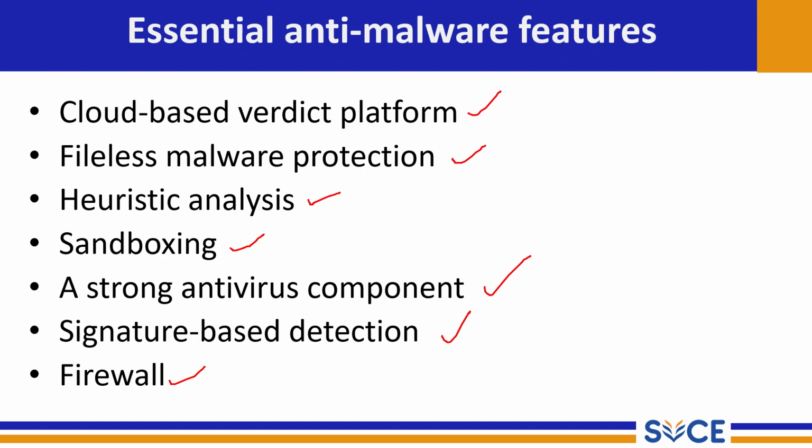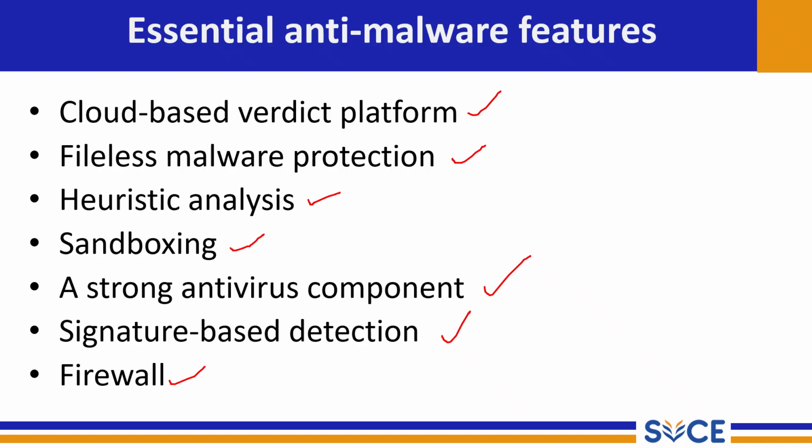And system performance monitoring: this feature monitors the system performance and alerts users to any unusual activity that might indicate a malware infection. And next, firewall integration. Some anti-malware suites include a firewall that monitors network traffic and blocks unauthorized access. So this is all about the essential anti-malware features.